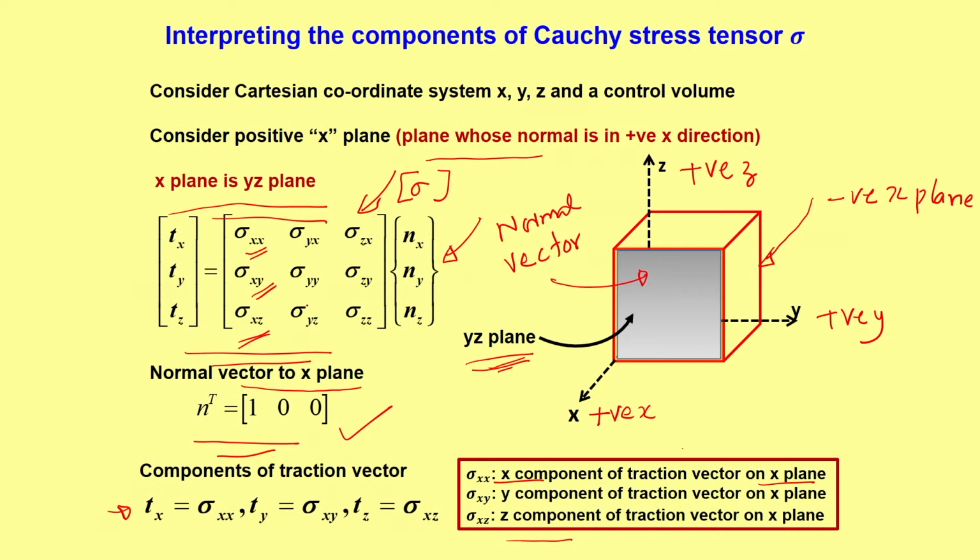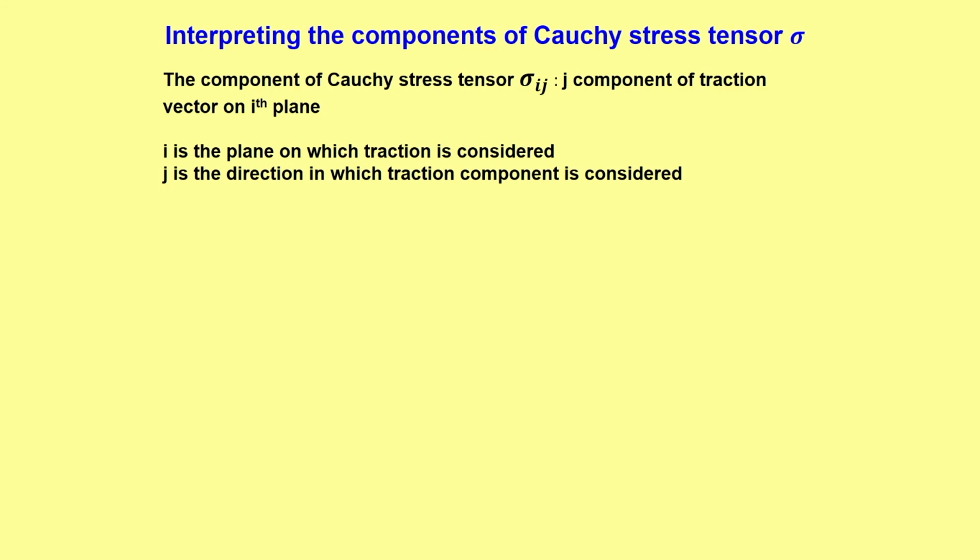Similarly, other components of Cauchy stress tensor can be identified based on Cauchy's formula. So, that is what is the meaning of each of the terms which are present in the Cauchy stress. It is nothing but the components of traction vector acting in specific direction. So, the component of Cauchy stress tensor in general is sigma ij. It is the j component of traction vector.